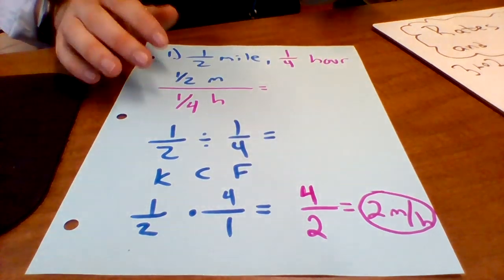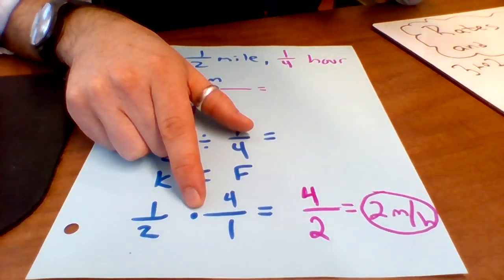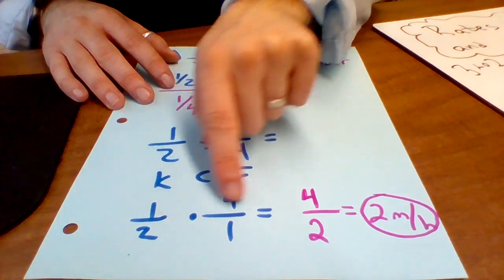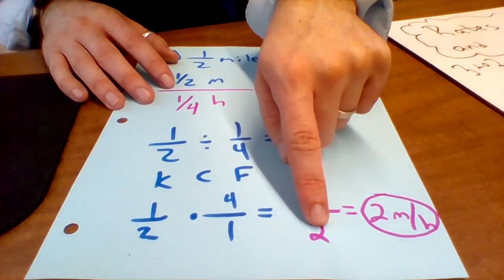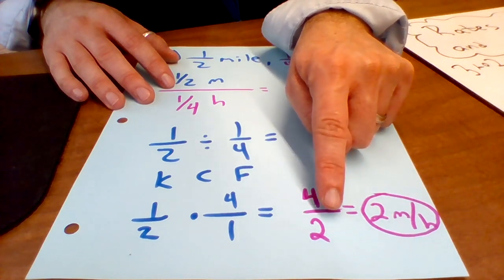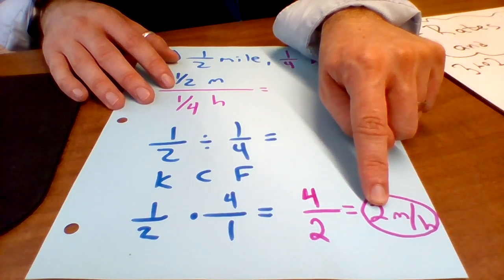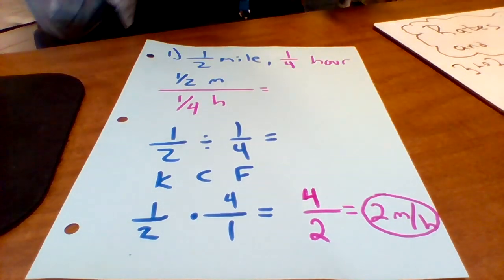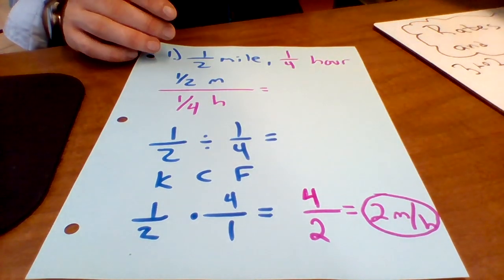I divide by 1, or I times by 4 over 1. Okay, I flip it. So then I multiply straight across. 1 times 4 is 4, 2 times 1 is 2. I get 4 over 2. Well, we're not over 1 yet, so let's divide those numbers. And 4 divided by 2 is going to be 2 miles per hour. Okay, so I'll give you a second to get some of that information down and to let it sink in.